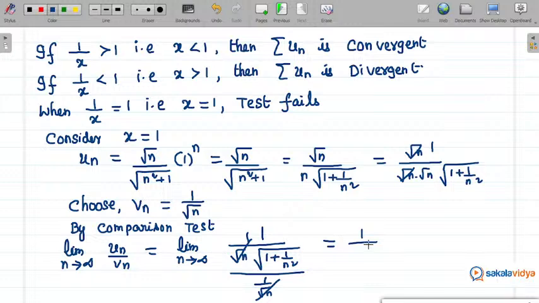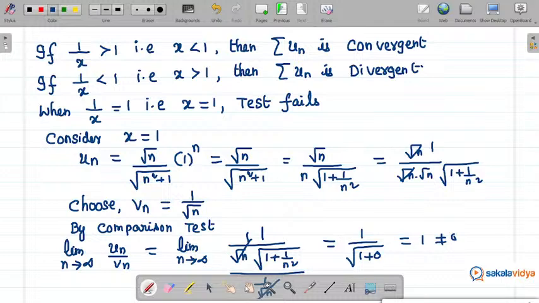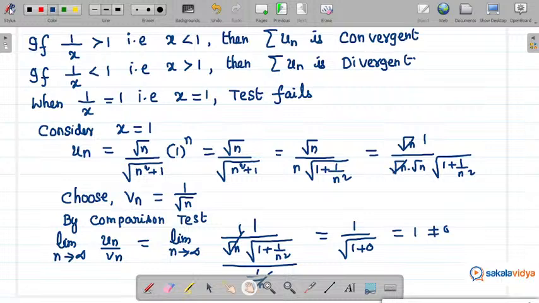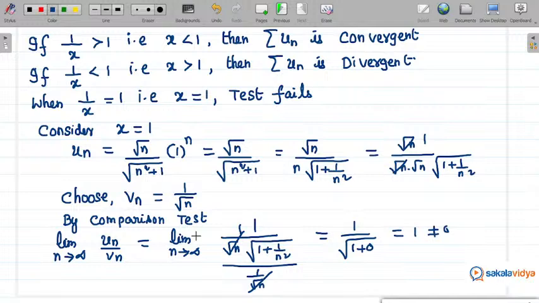Apply the limit. What do you get now? 1 by root of 1 plus, as n tends to infinity, 1 by n square is 0. So 1, which does not equal 0. So therefore we conclude that sigma un and sigma Vn converge or diverge together.